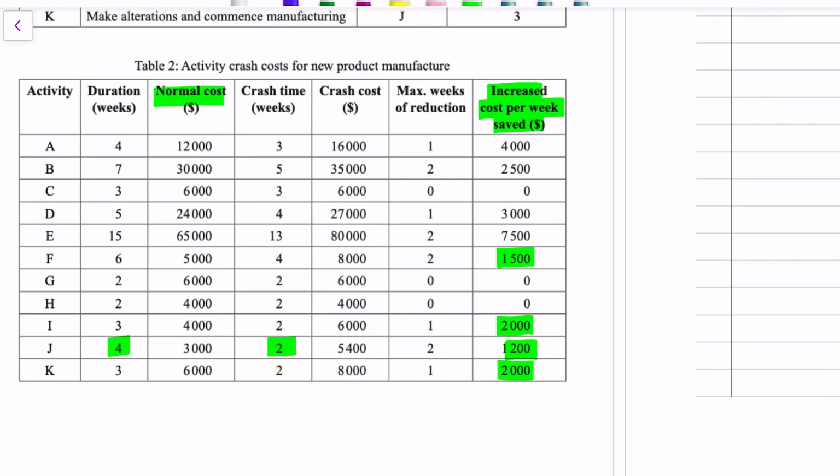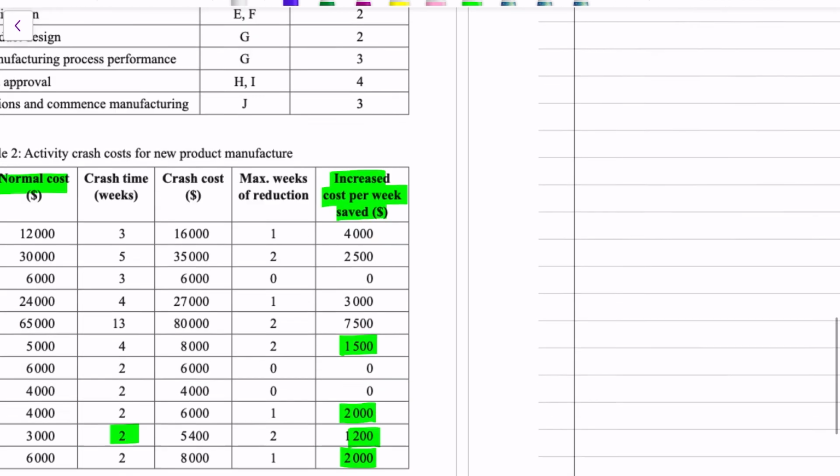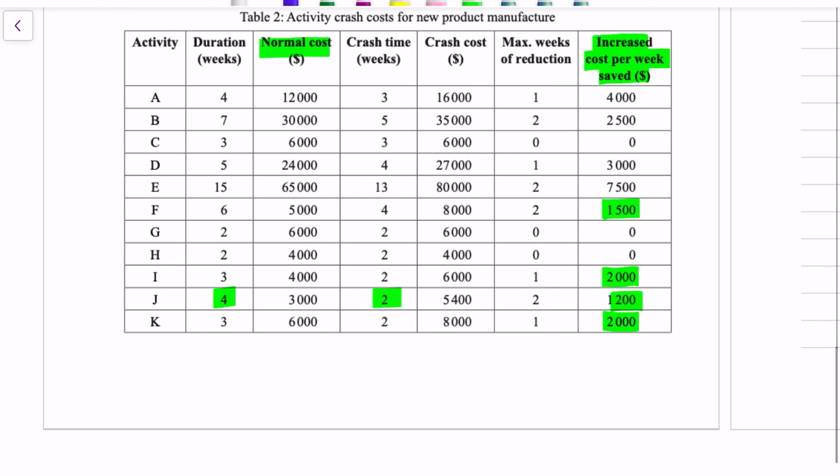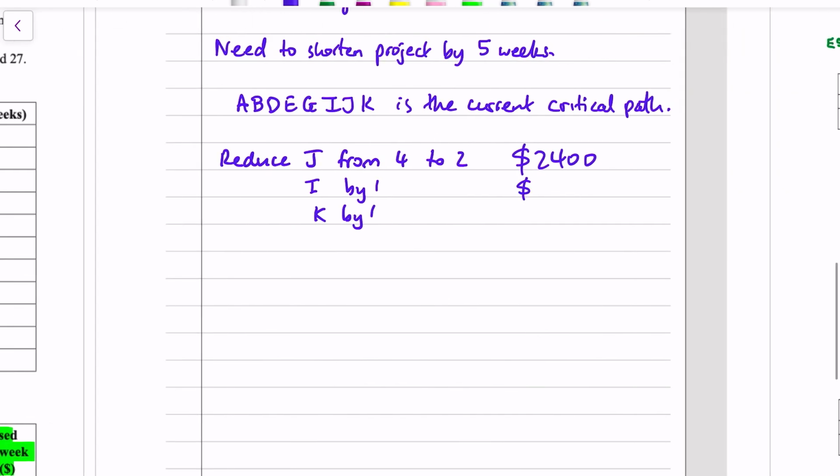I can be reduced by 1, K can be reduced by 1. What does that cost us? I costs us $2,000 to do that, and K costs us $2,000 as well. So it's another $2,000 and another $2,000. And we still need 1 week.